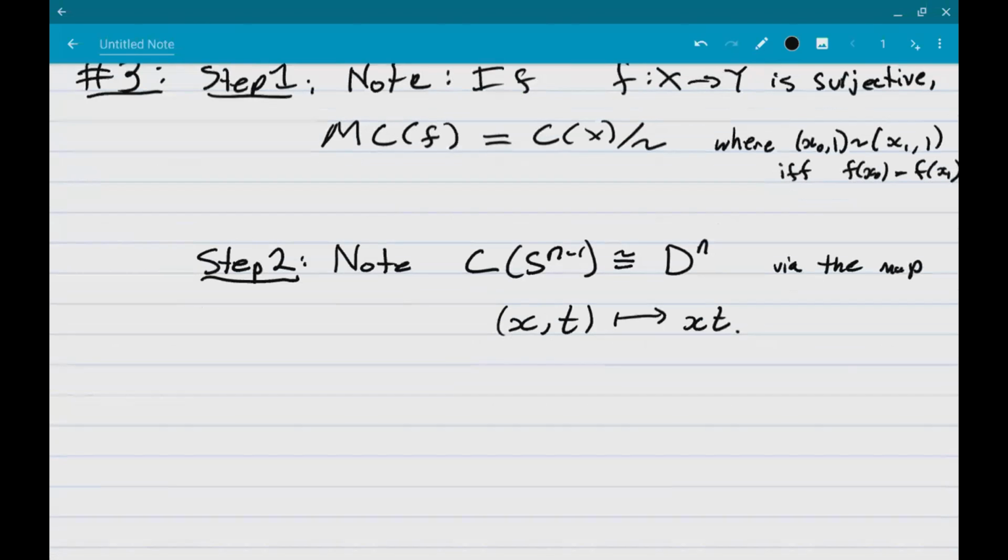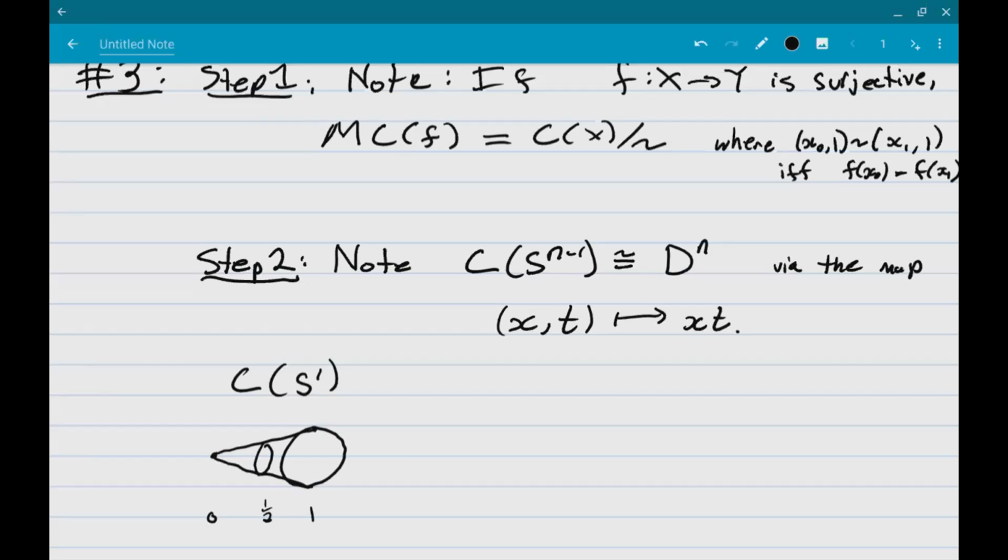So, let's just draw the cone of S1, because I can draw that. I have S1, and then I cross it with an interval, but I identify all of the points at 0 with a single point. So here's 1, and at like 1/2, I have another copy of the circle sitting in there.